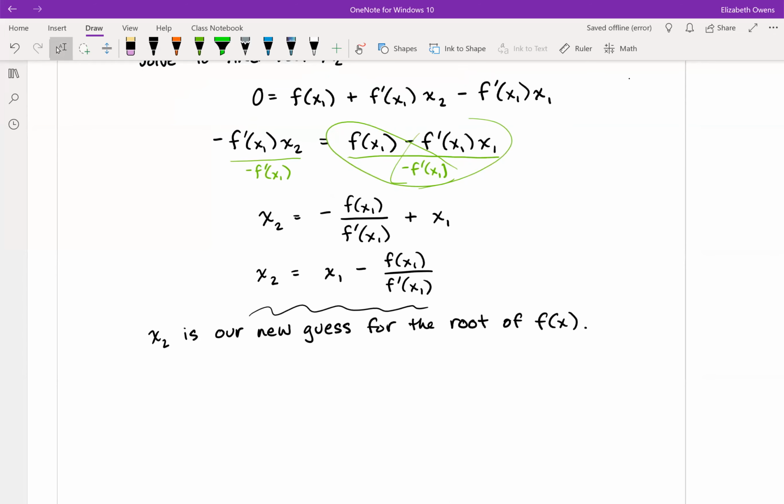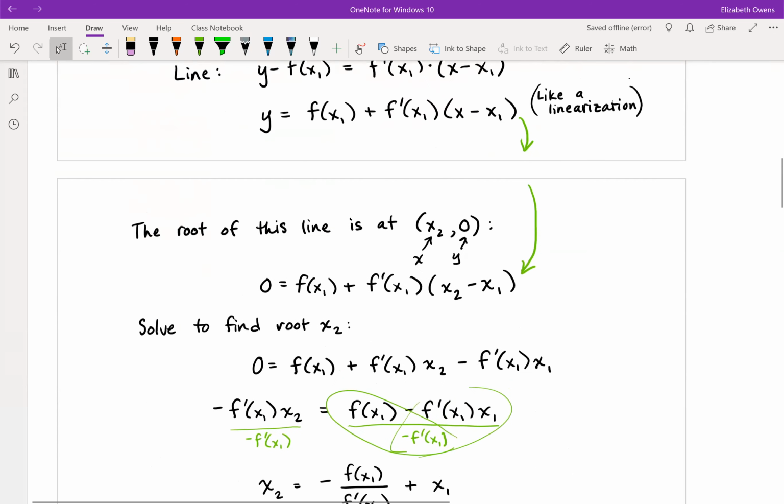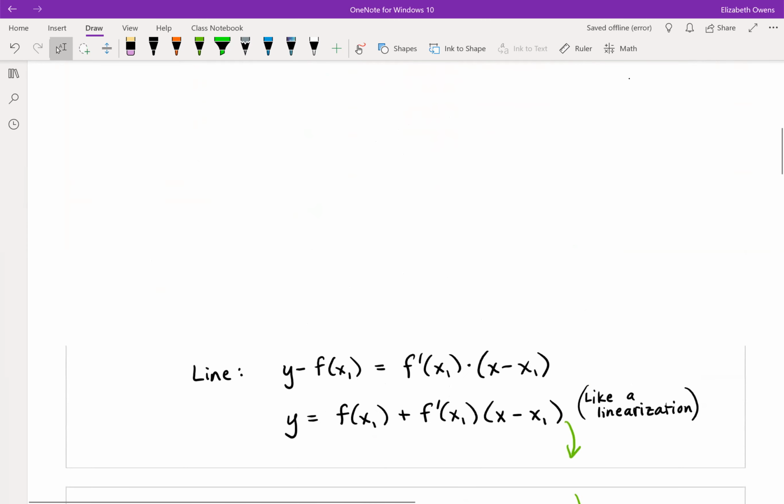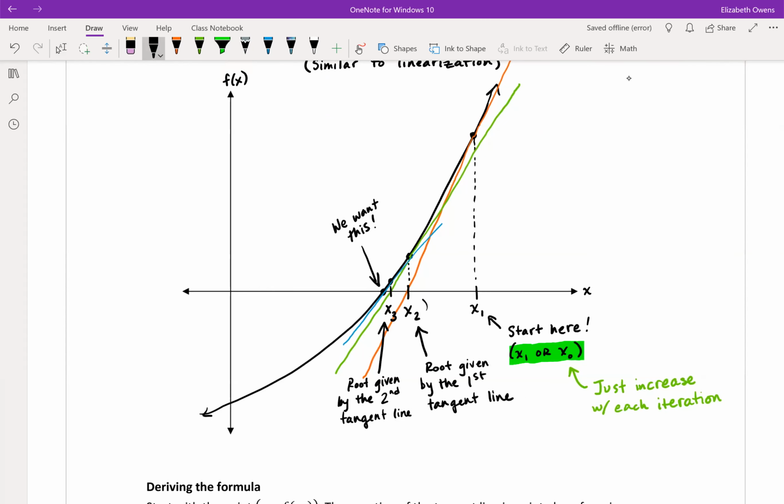So it's like x2 is the new x1. It's our guess now. We're starting here. We're going to create another tangent line. It's the one shown in green in the picture. So we create that new tangent line, and we're going to find the root of that tangent line, x sub 3.